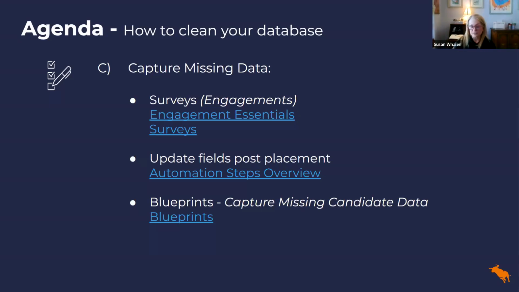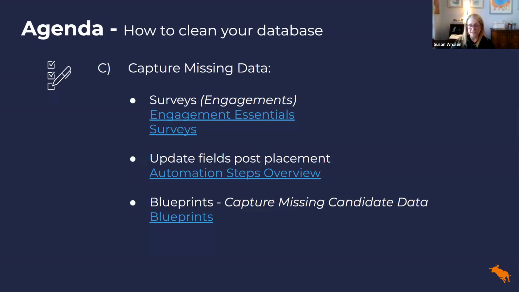Perhaps you want to give that candidate 30 days into that role before you make these updates to their record, at a 30-day wait step post-placement, and then use an update candidate step to update the position title on the candidate record with the job title from the job record.